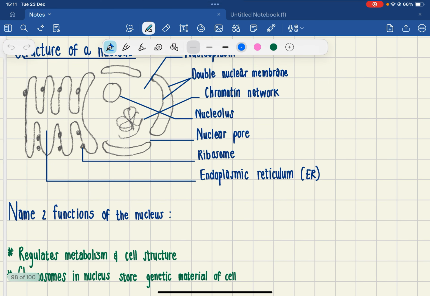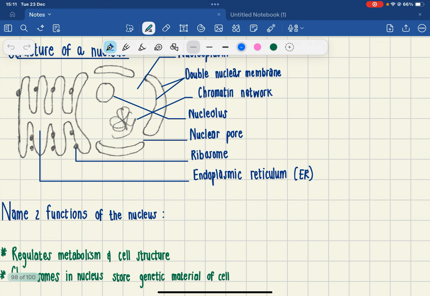Now, boys and girls, we need to quickly dissect the purpose of the nucleus itself. The nucleus regulates metabolism and cell structure, as well as the chromosomes in the nucleus. They store the genetic material of the cell.